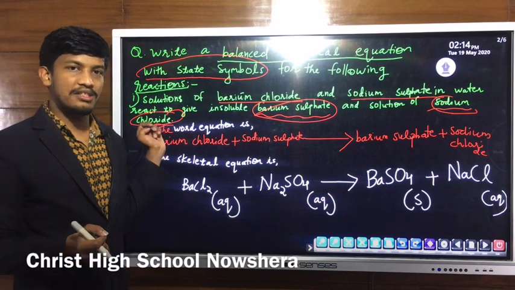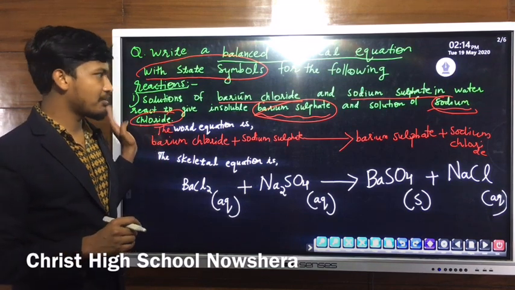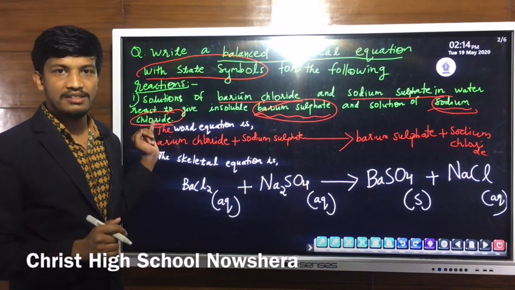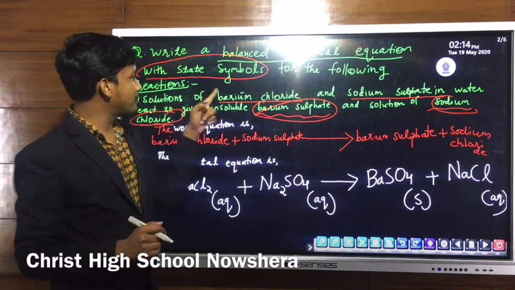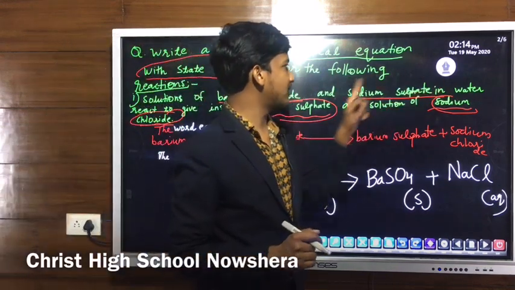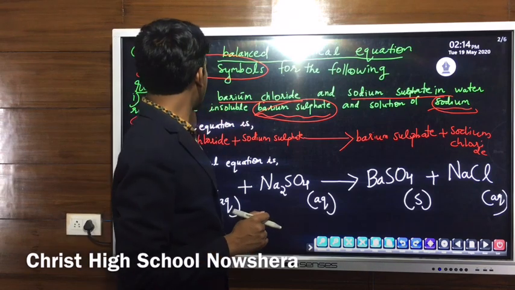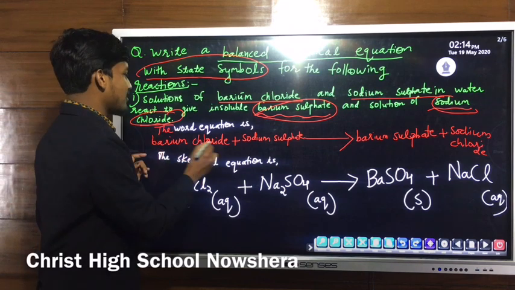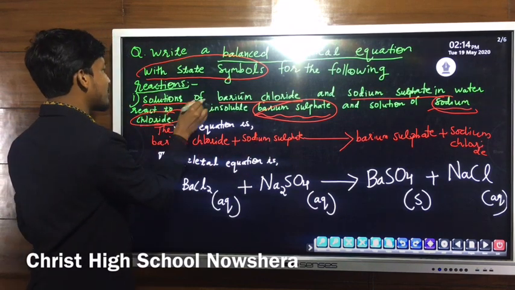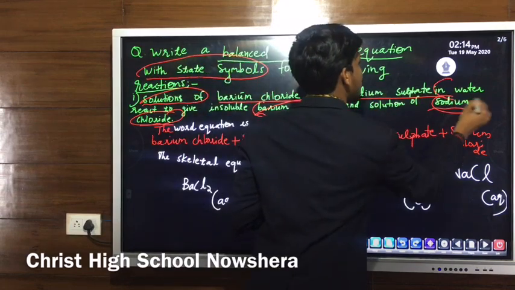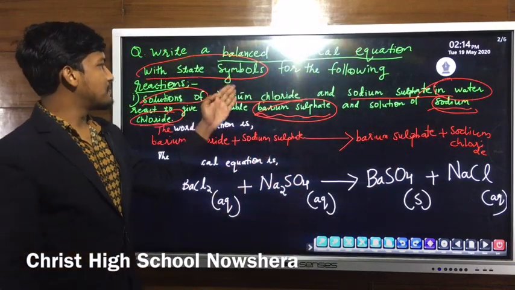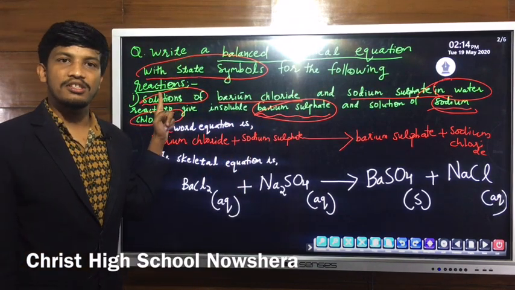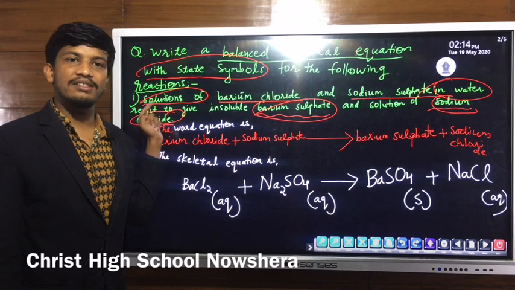How can we get the state symbols? The state symbols of reactants and products are given in the reaction. Solution of barium chloride in water is the first reactant, and solution of sodium sulfate in water. Both the reactants, barium chloride and sodium sulfate, are in the form of solution in water. And solution in water is called what?